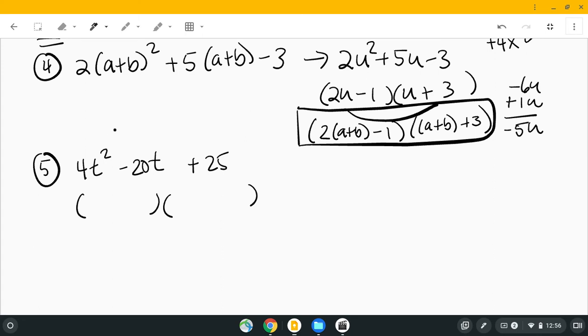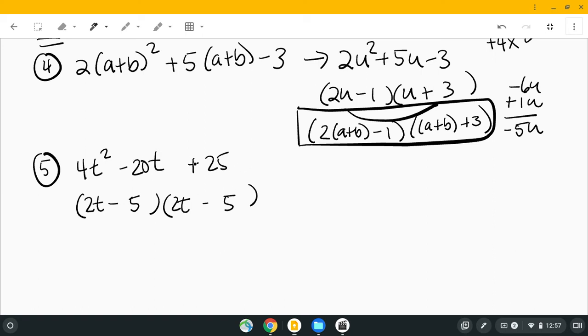To save you some time, if you notice that this is a perfect square, 2 times 2, and this is also a perfect square, 5 times 5, then it's probably going to be 2t minus 5, 2t minus 5. So that's something to look out for, and that's why I put this here as an example. If you notice this is a perfect square and this is a perfect square, then instead of trying 4 times 1, try the 2 times 2 and the 5 times 5.